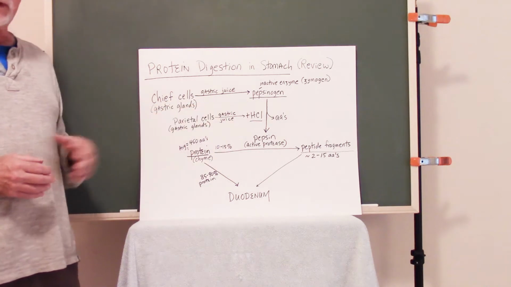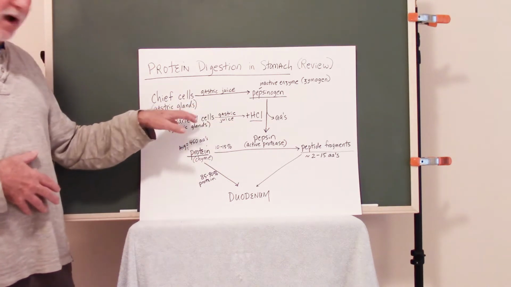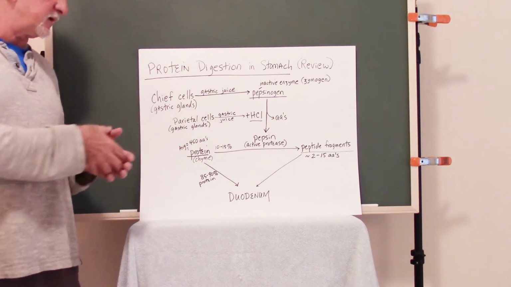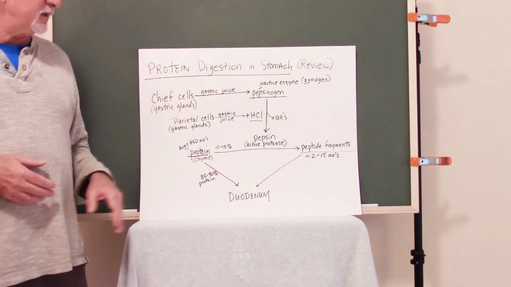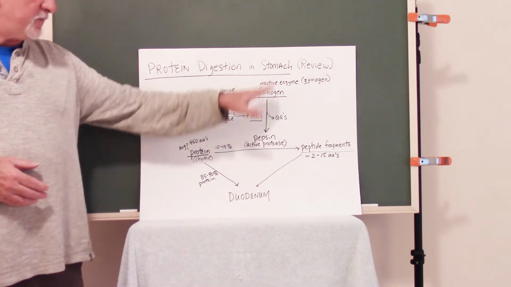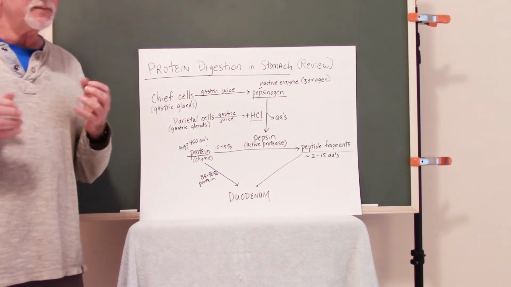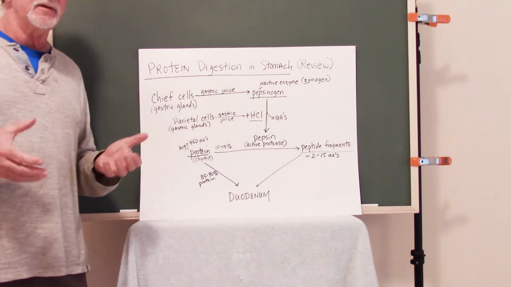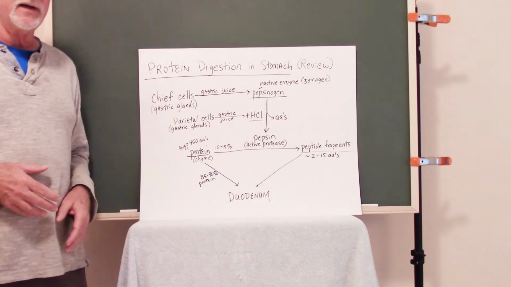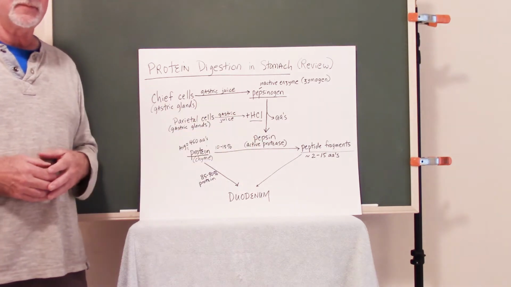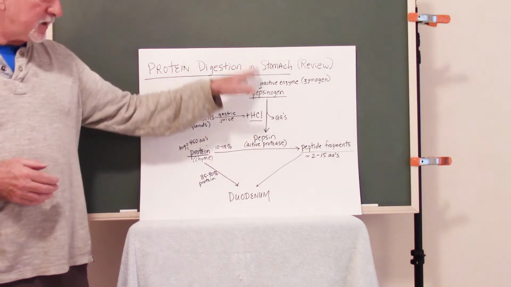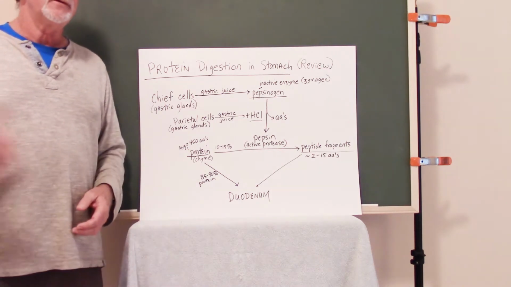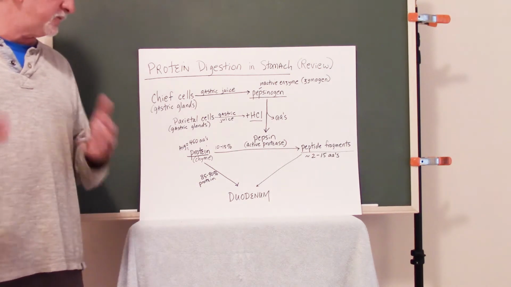Of course, the hydrochloric acid comes from the parietal cells, which are associated with the gastric glands along with the chief cells. Pepsin is the active form of pepsinogen. Pepsinogen won't catalyze reactions until it's converted as it reacts with hydrochloric acid to pepsin. And this reaction cleaves off a few amino acids from pepsinogen, converting it to the active pepsin form.